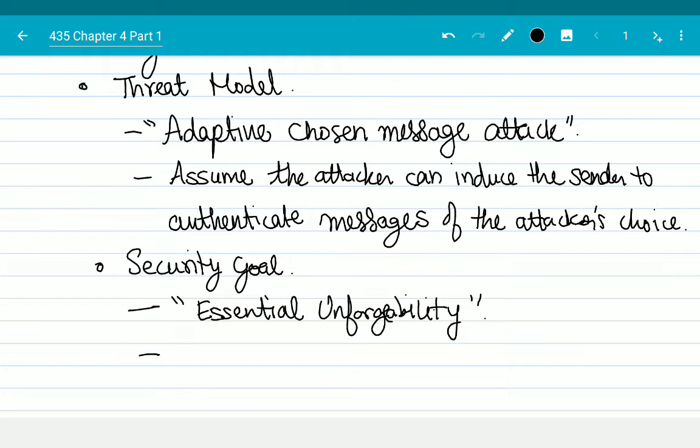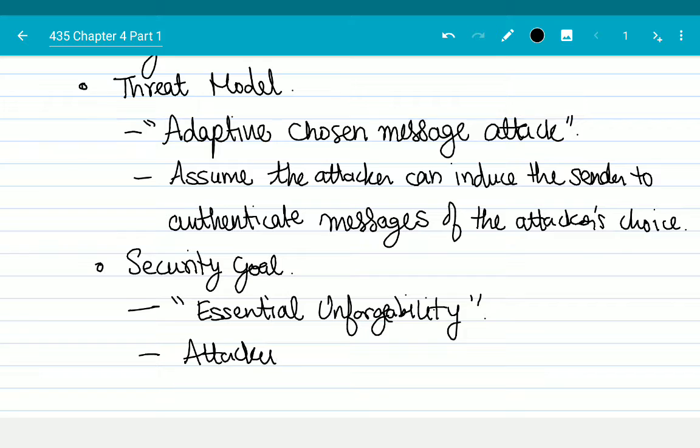Which is to say that any message that the attacker sends which he hasn't seen before should fail. If a valid sender had sent a message before, of course the attacker can see the tag. If I'm the attacker and I send the same message, of course it's going to go through; the tag and the message are the same. But if I send a different message with whatever tag I made up for it, it should not go through.